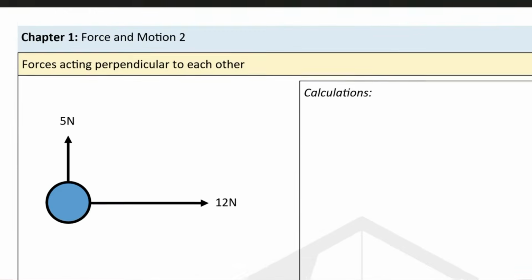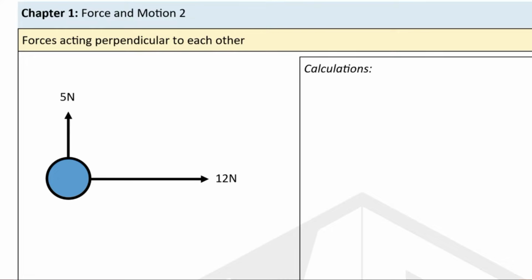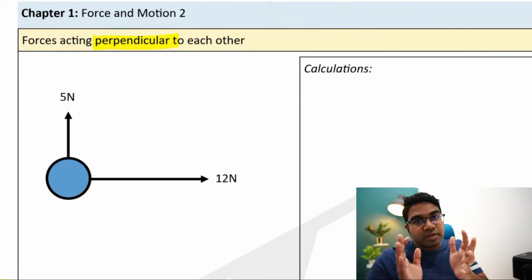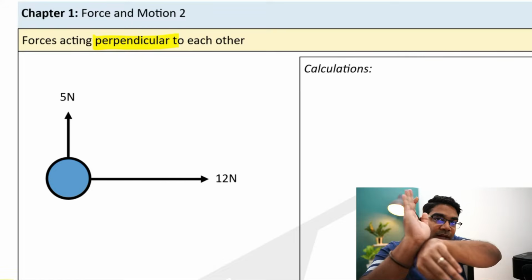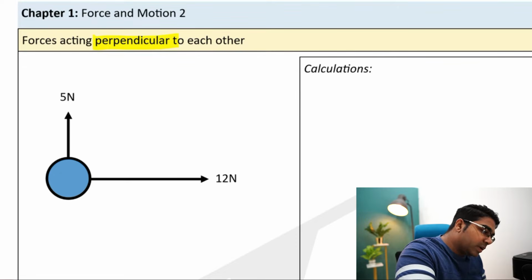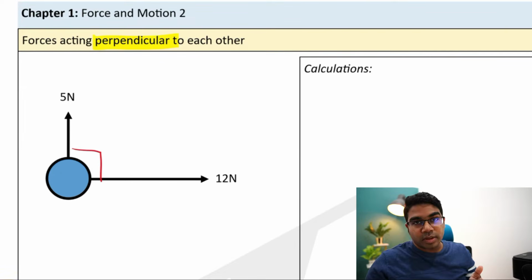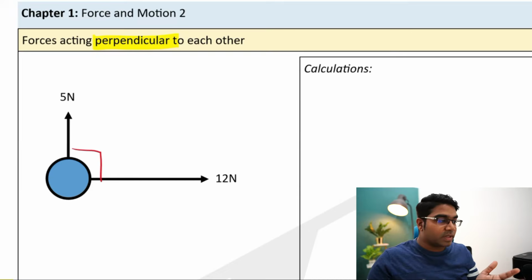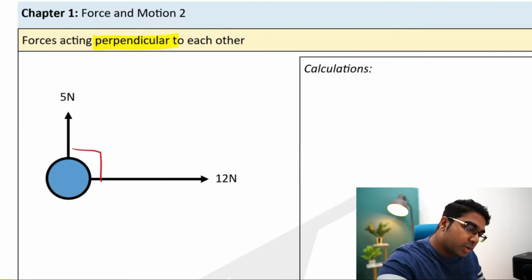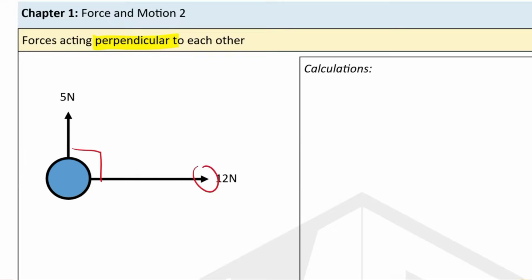Let's look at the next situation. What if the forces are perpendicular to each other? In the two previous situations, the forces were aligned. In this case, they are perpendicular. They form a 90-degree angle between them. So what is the vector sum of forces in this case? Here we have to draw our triangle. So we follow the direction, 12 newtons to the right.